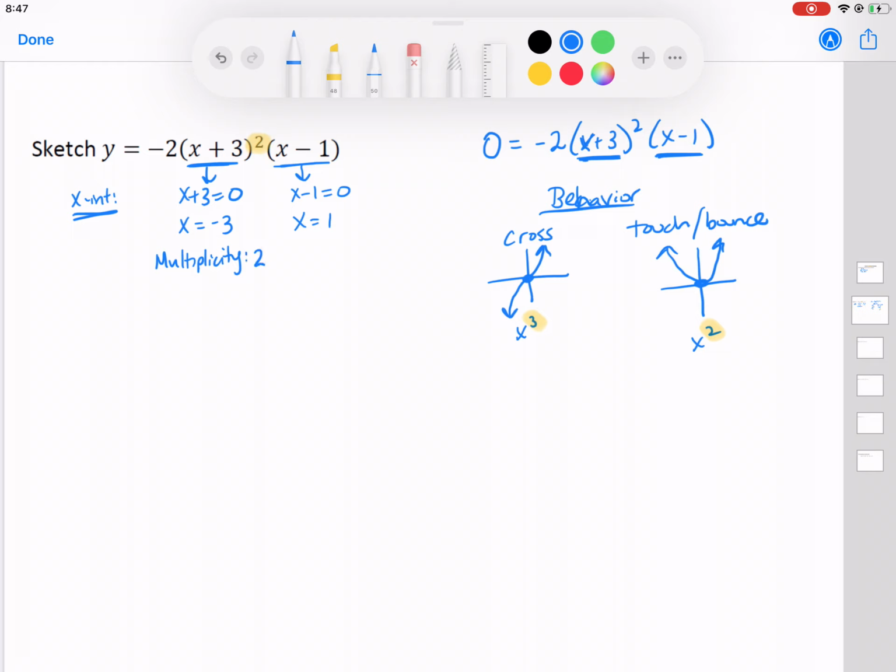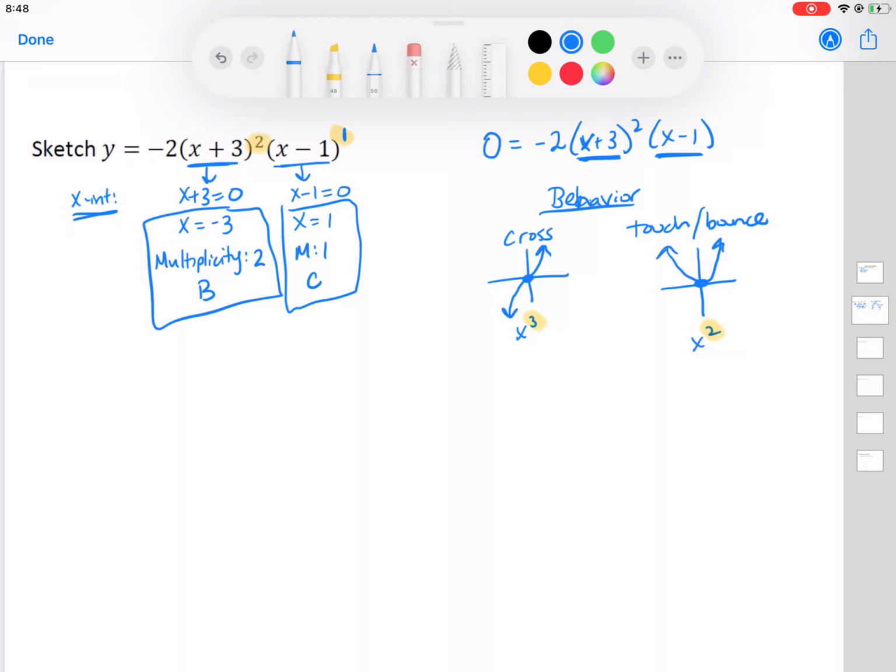The multiplicity is 2 for x equals negative 3. Therefore, since it's 2, it's going to act like the x squared function where it's going to bounce or touch. So I'm going to put a little b for bounce. If you look at the exponent for this one right here, it's a 1. Therefore, the multiplicity is 1, and it's going to cross at that x-intercept.